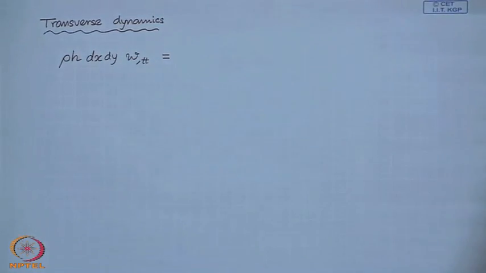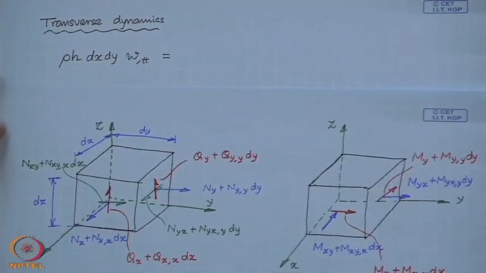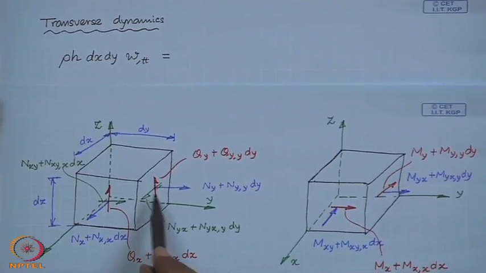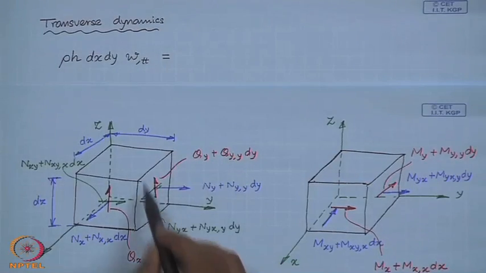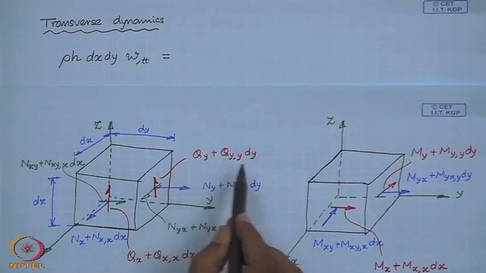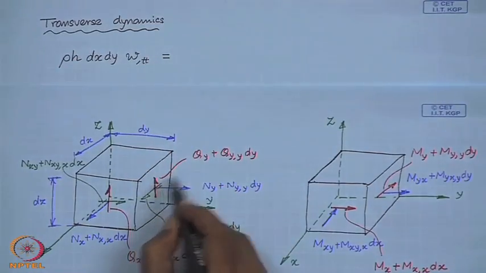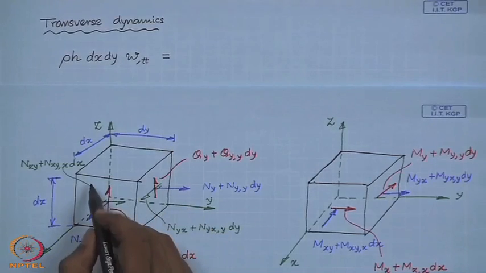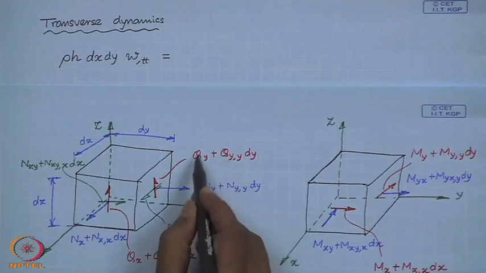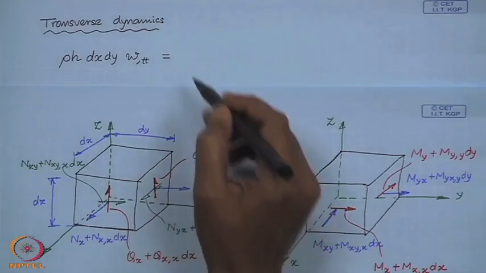If you now look at this figure, we have in the transverse direction these forces Q. Here it is upwards, and here there will be a downwards force, which will be minus of q y in the equation of motion.